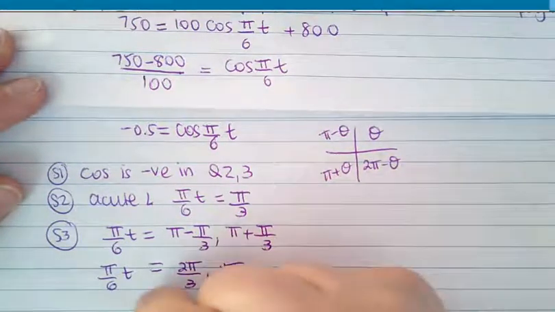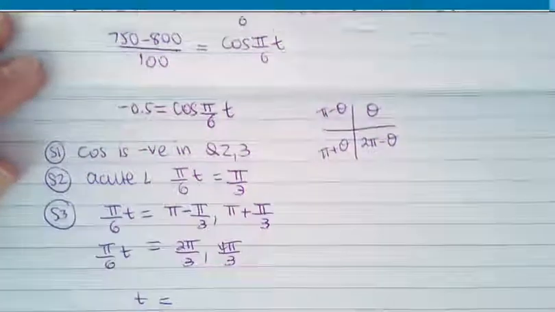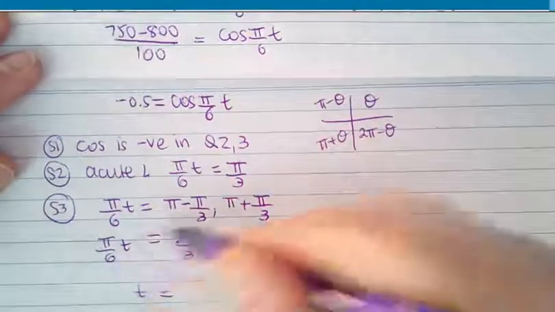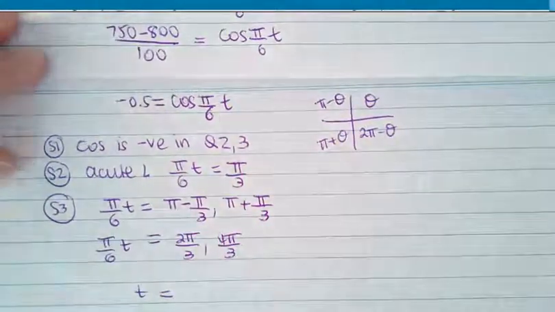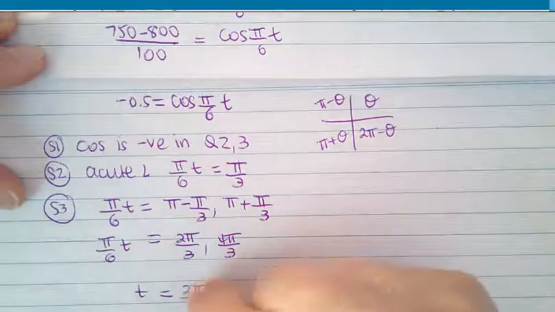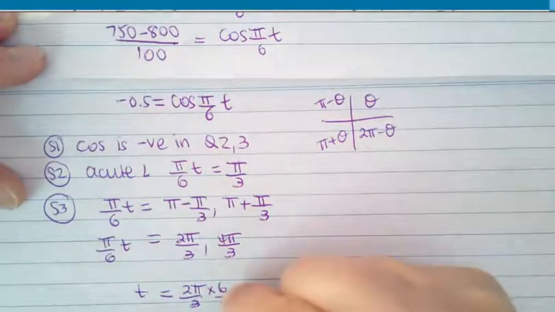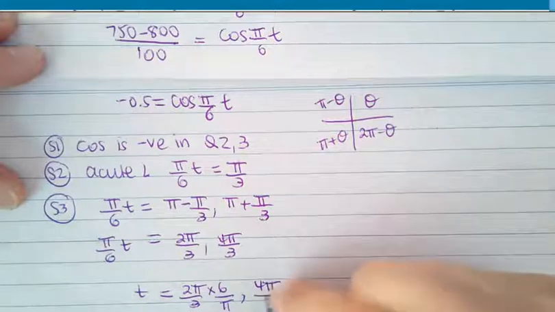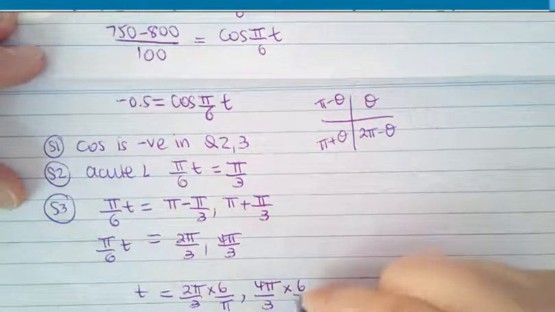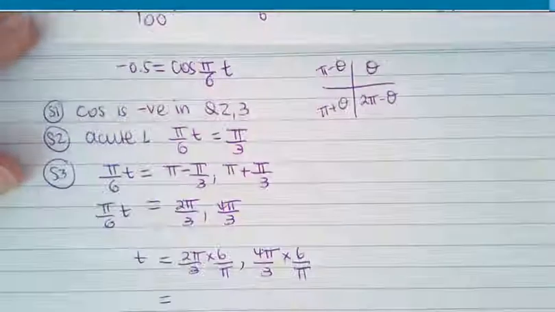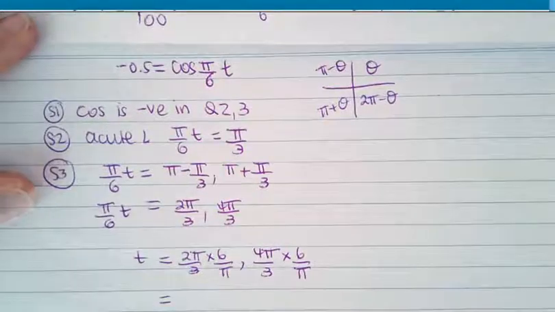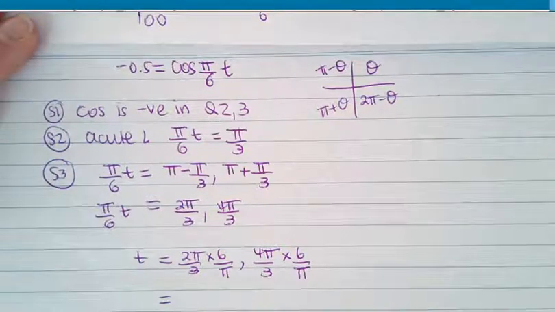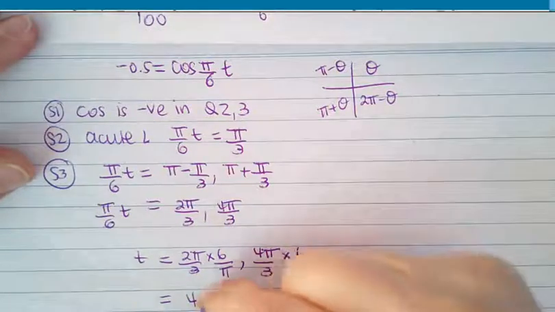This is good. Now how do you get t on its own? You times by 6, then you divide each of them by pi. So you go times 6 over pi, comma, 4 pi on 3 times 6 over pi. And the pi's cancel. And what have you got? 12 on 3, 4 months.